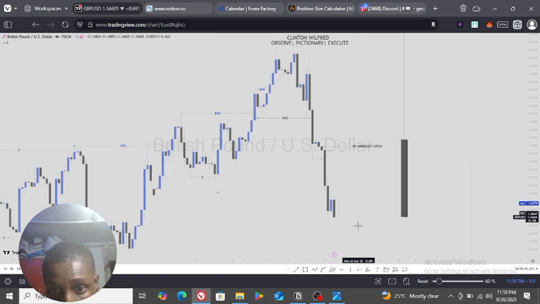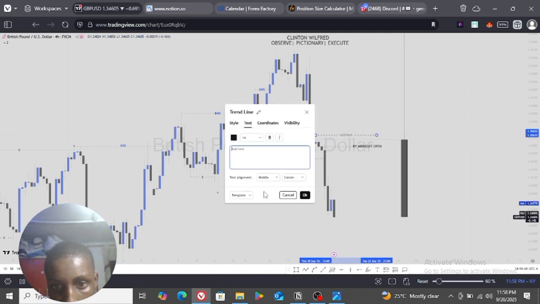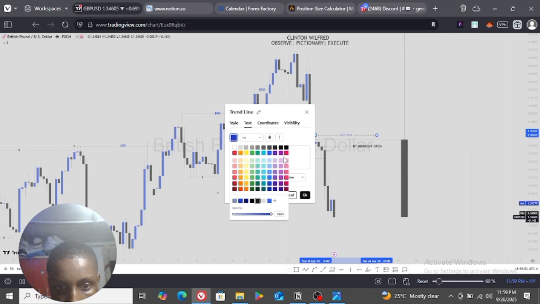So this is our buy side liquidity on GU. Remember, GU took sell side liquidity, right? So that's my buy side liquidity on GU.